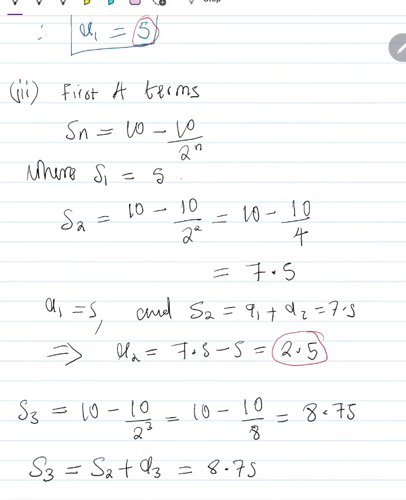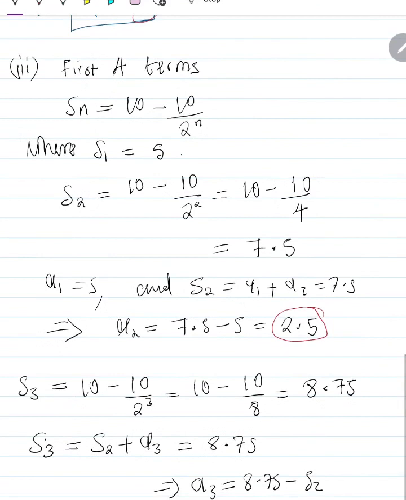So therefore, A3 is equal to 8.75 minus S2, which is equal to 8.75 minus 7.5 from the previous calculation. And this is equal to, this is just 1.